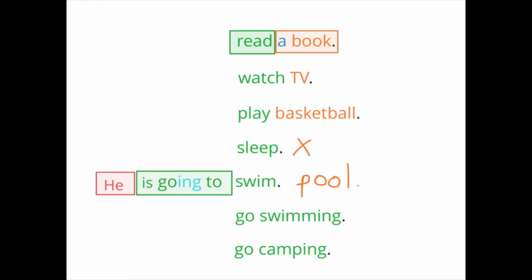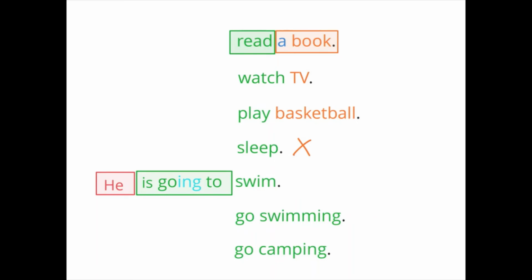He is going to swim where? So we could say he is going to swim in the pool. He is going to swim in the ocean. He is going to swim in the lake. So we could use a prepositional phrase to tell us where he is swimming. But we can also just say he is going to swim.